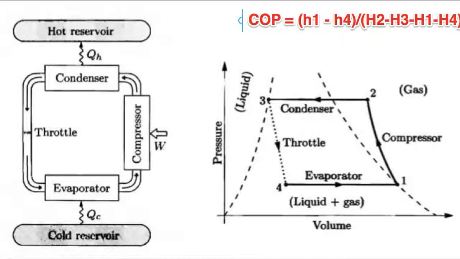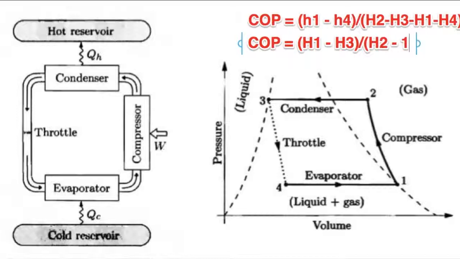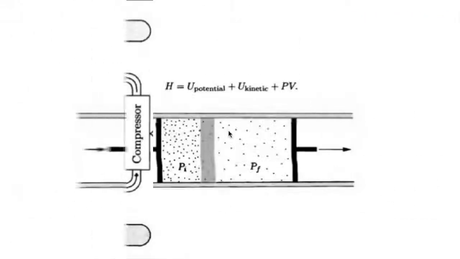But this expression is pretty cumbersome, so after the book goes into more detail about throttling, it actually reduces to something much simpler, which is the coefficient of performance is the quantity H1 minus H3 all over H2 minus H1. And these are really important for discussing essentially how efficient or how well your refrigerator performs at taking heat out of the cold reservoir and dumping it into the hot reservoir.